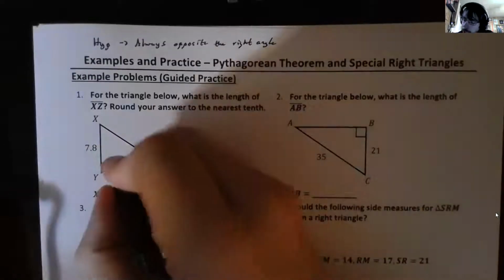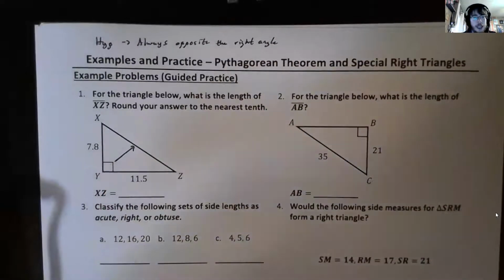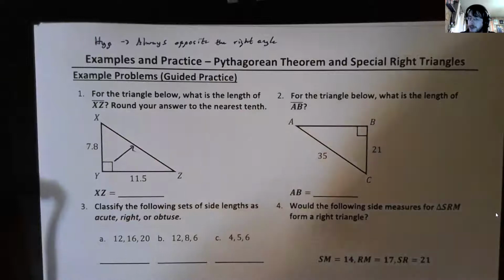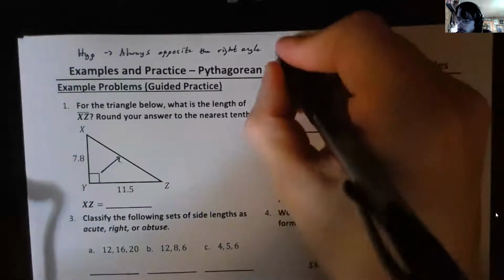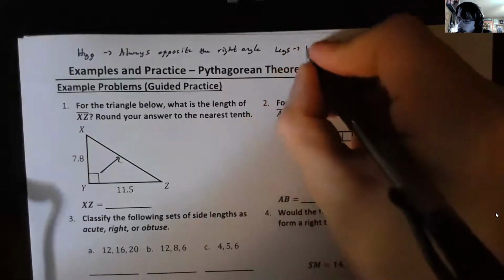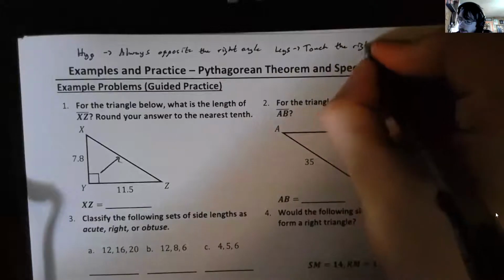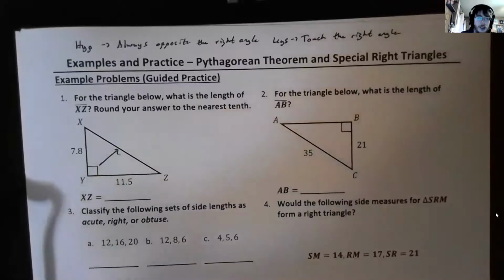So that means that if we draw an arrow to the side that's opposite from the right angle, the one that's not touching, we're missing that hypotenuse. So we have our 2 legs. And you can tell these are legs because the legs always touch the right angle. They're adjacent to the right angle. Okay?